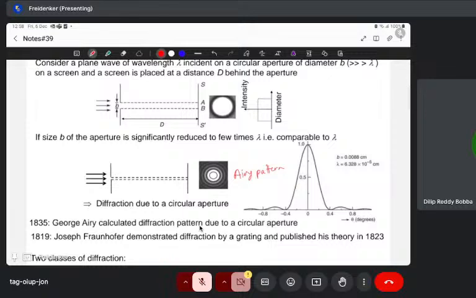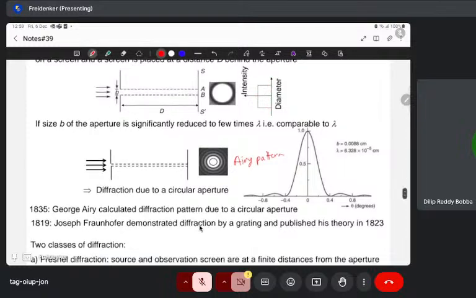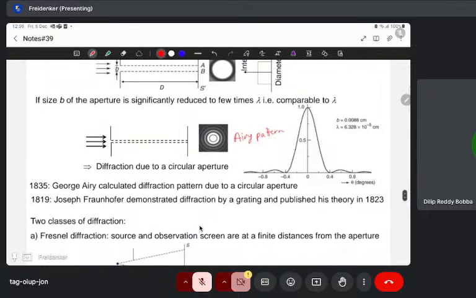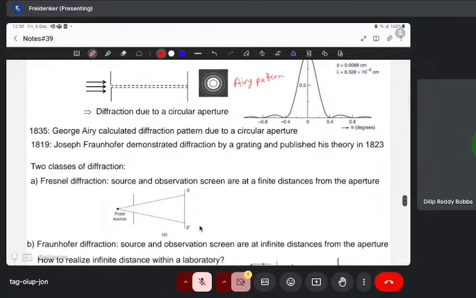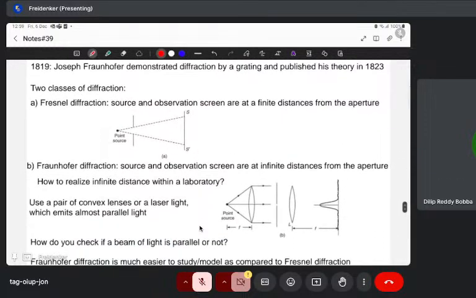So in the Airy pattern, you have some sort of circular pattern. Joseph Fraunhofer. Okay, we have Fresnel diffraction and Fraunhofer diffraction.